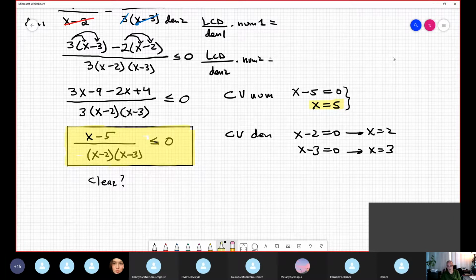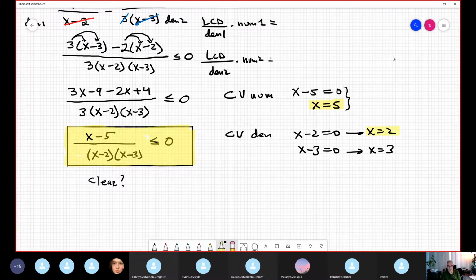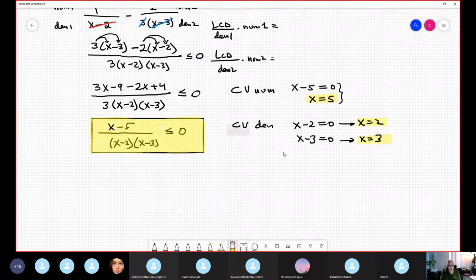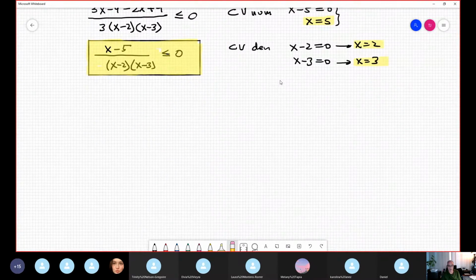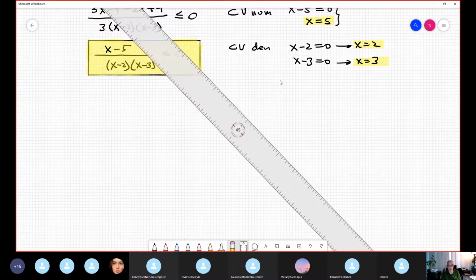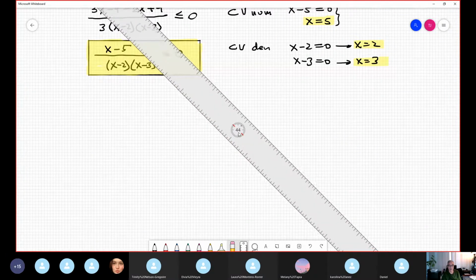Then we almost finished. 2 and 3 are also critical, but critical of the denominator. Now what should I do? Well, when you have the critical values in your hand, immediately I do the number line.